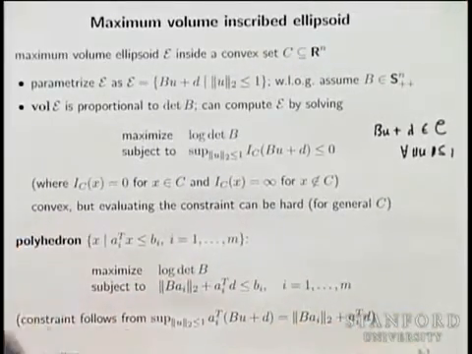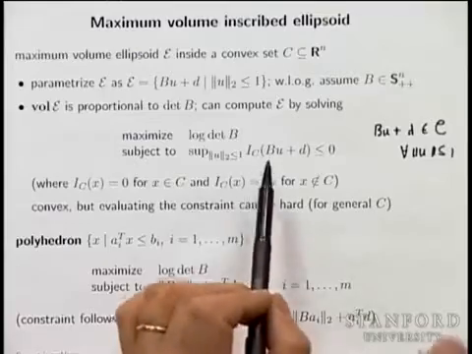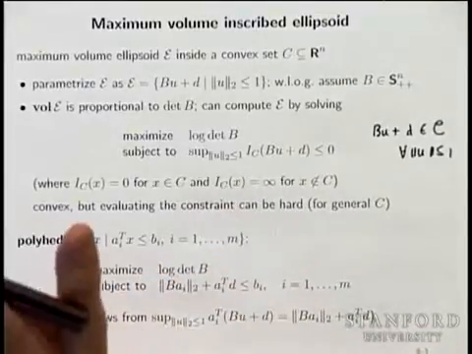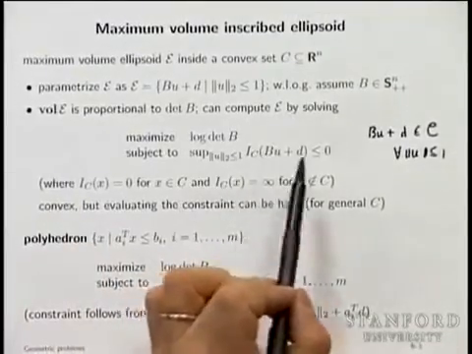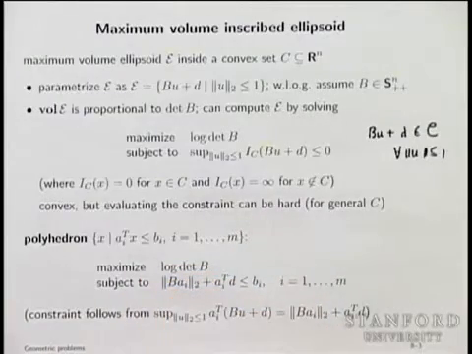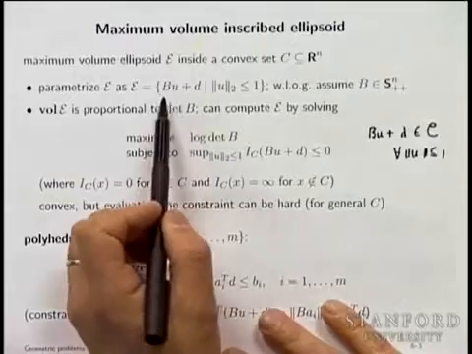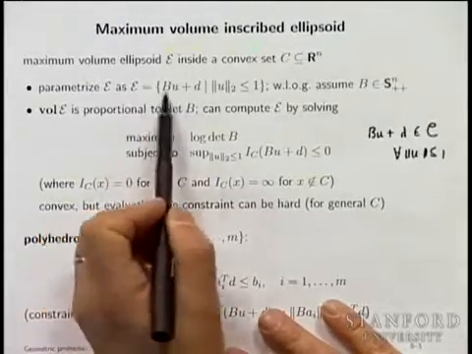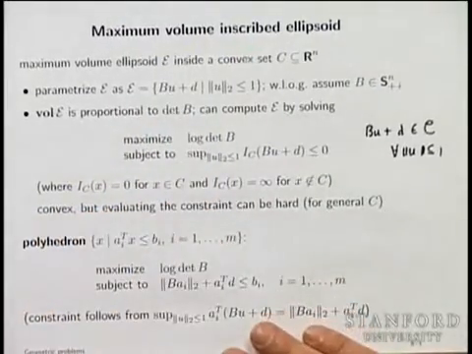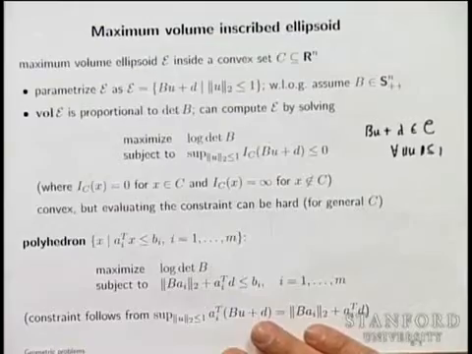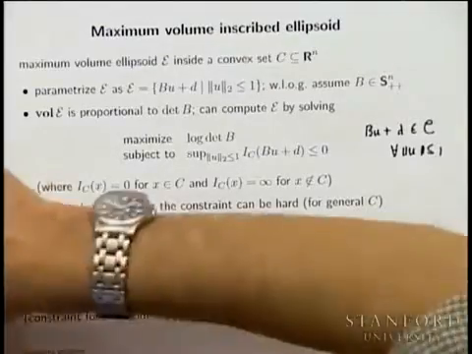And there's actually a very simple case when you can, and that is, the simplest case is when the set C is a polyhedron. Because I can easily tell you whether an ellipsoid described this way lies inside a half space. That's an easy calculation. We want to know, is it true that BU plus D, let's write a half space.